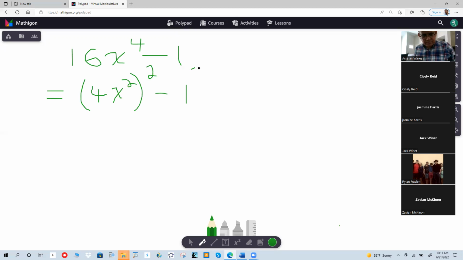Very good. And then you can factor those into their separate parentheses. I'm going to write the plus first because I know I'm done with it.